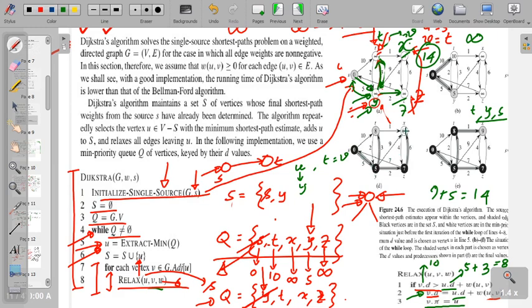This 13 is another way of reaching X, once I have discovered this. So it will be 14 here initially, and then once I discover this 7, I can go to this via this 7 in a less costly way. So instead of 14 at that time, it will be 13.